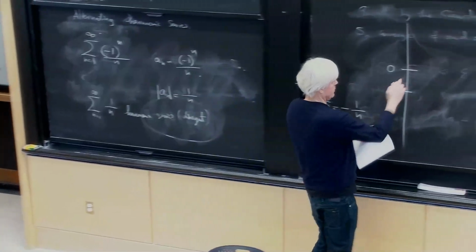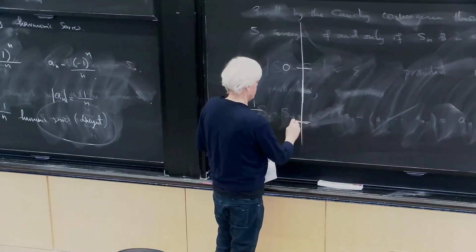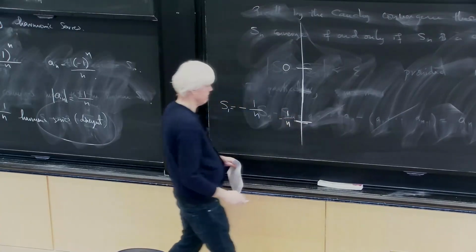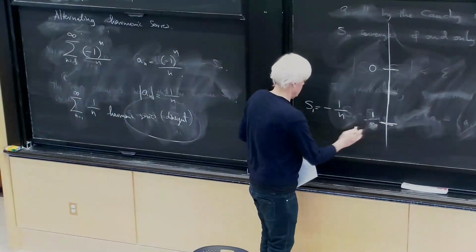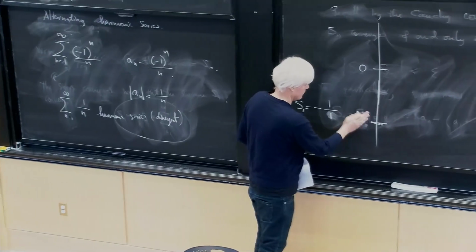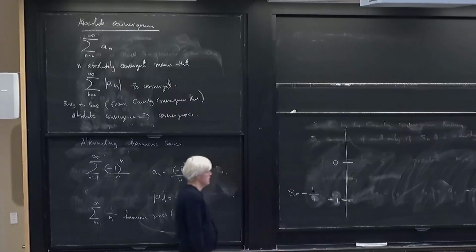So that's going to bring you down. Let me just kind of exaggerate the picture and bring you down here to minus 1 over n, where n is equal to 1, so this is minus 1. This is how the series starts, right?